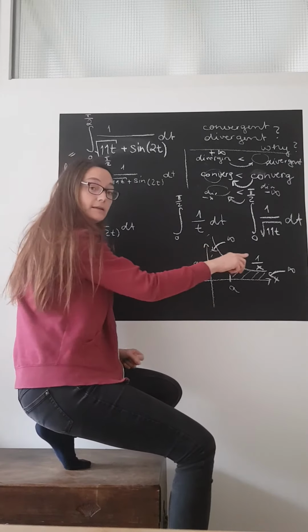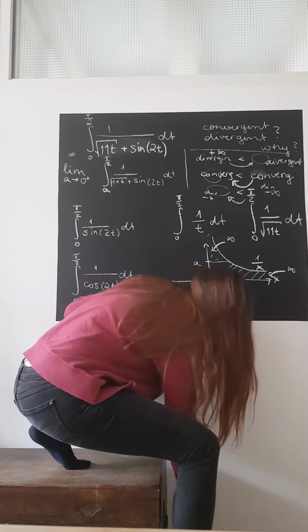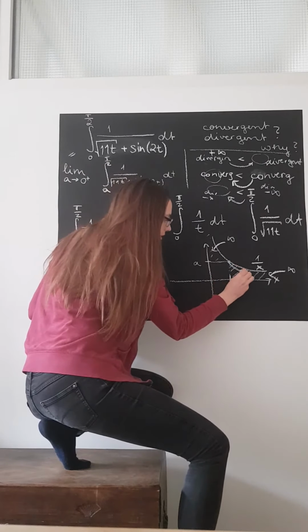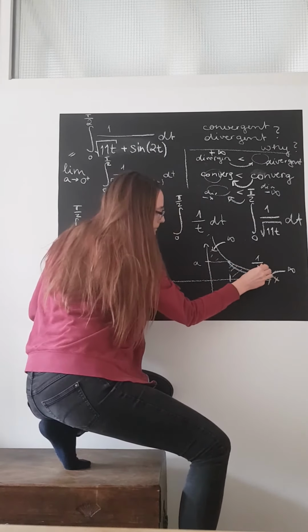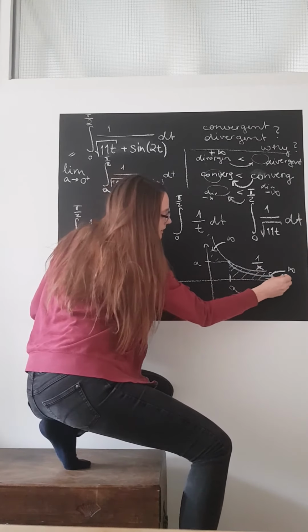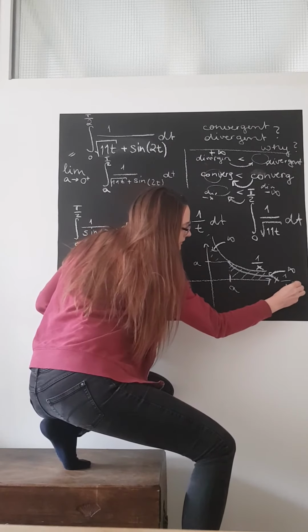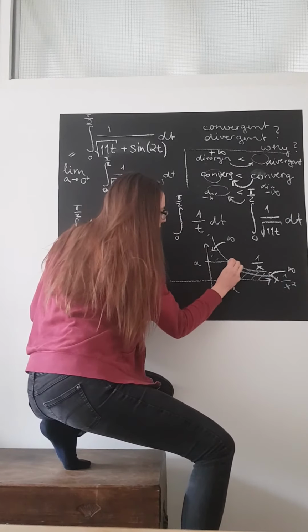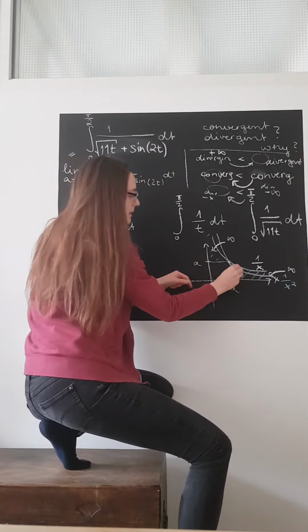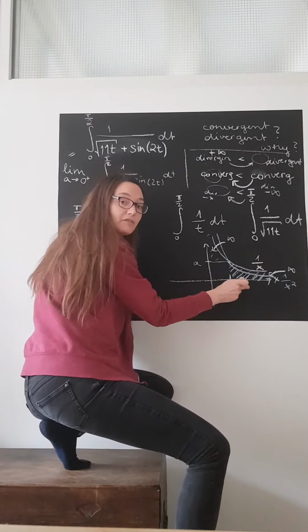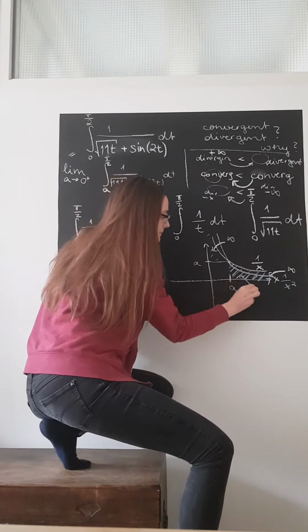But this is exactly the boundary for convergence and divergence, in the sense that if I have a power that is higher than 1 and positive, for example, 1 divided by x to the power of 2, this is converging. That's actually a finite area.